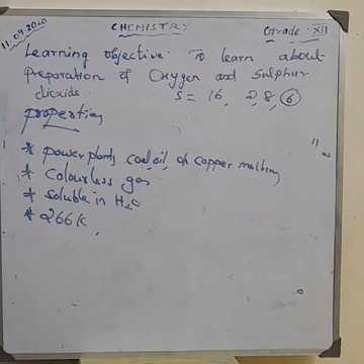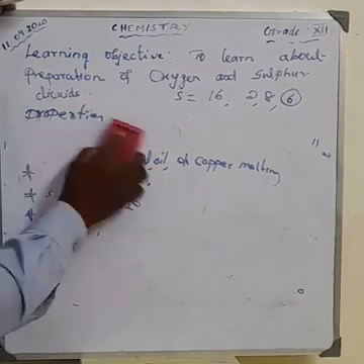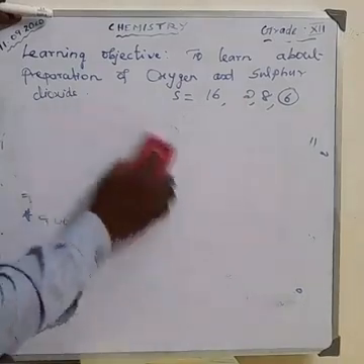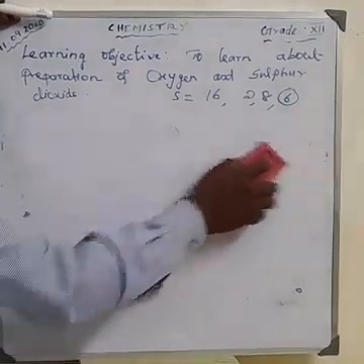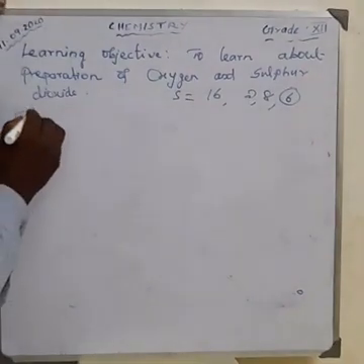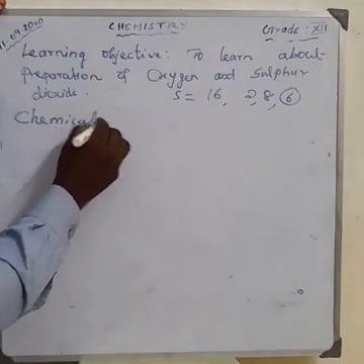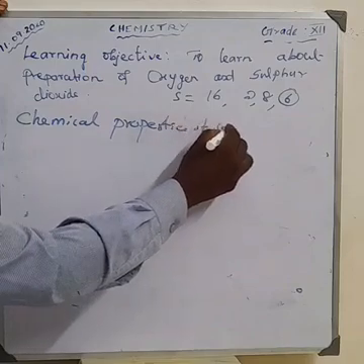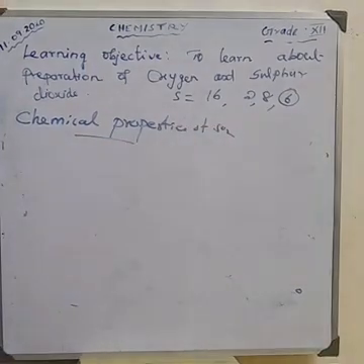Next, what are the chemical properties of sulfur dioxide? First one, sulfur dioxide is an acidic oxide.